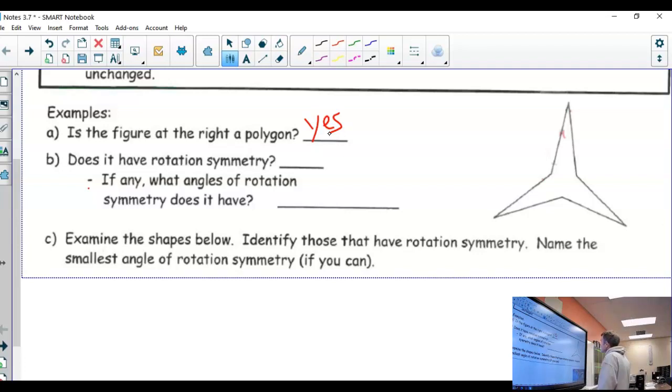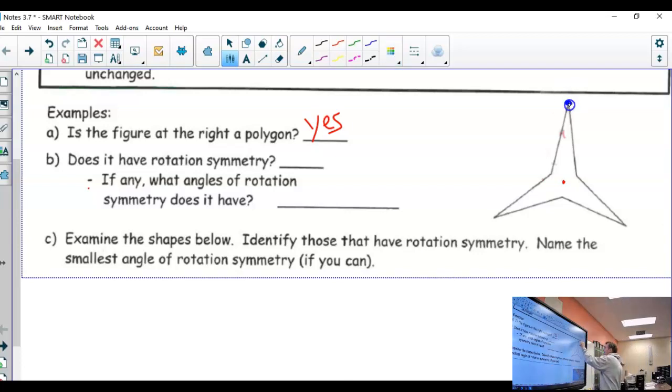Well, here's the deal. Something has rotation symmetry if there is a point, like maybe there's a point somewhere right in the middle here, and when you spin this thing on that point, if it matches up with itself before it goes all the way around, because all shapes could go all the way around and then match up with themselves, but if it matches up with itself before it goes all the way around, then it has rotation symmetry.